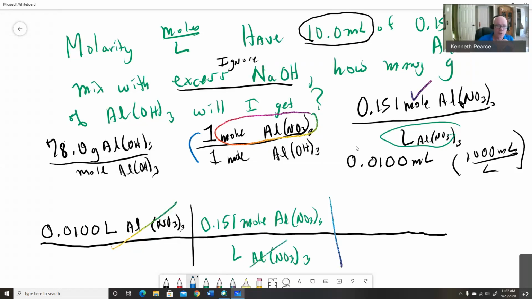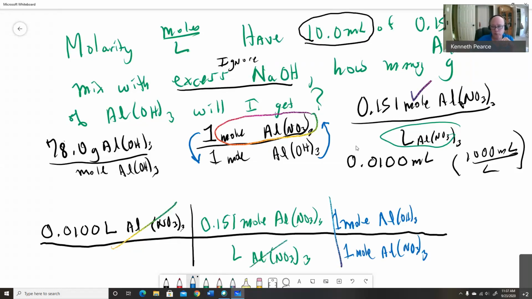So I'm going to flip this over. And so that becomes one mole aluminum hydroxide for every 1 mole aluminum nitrate.